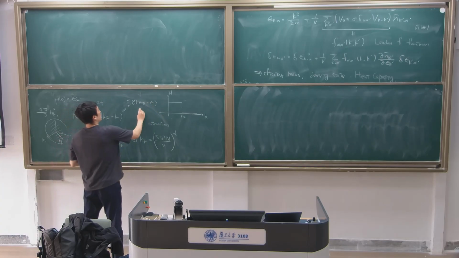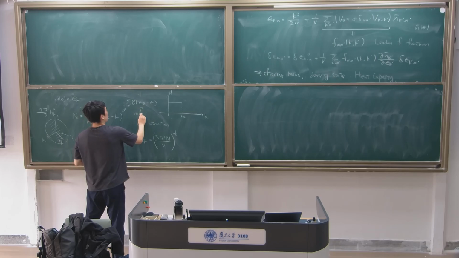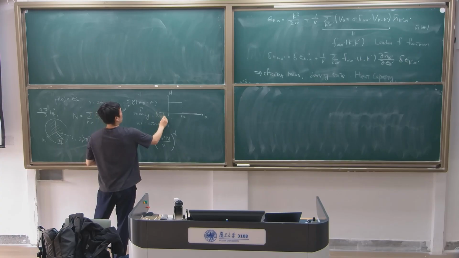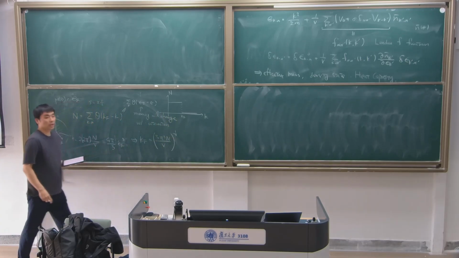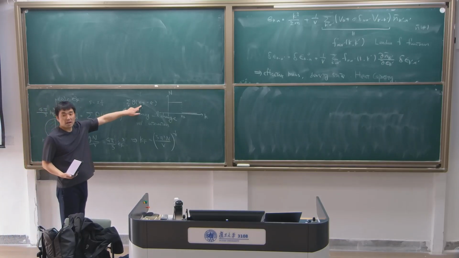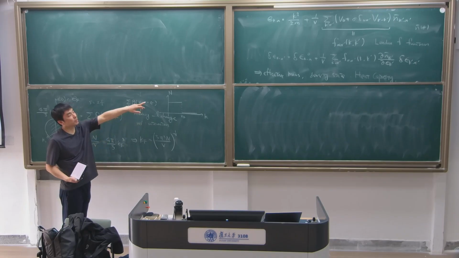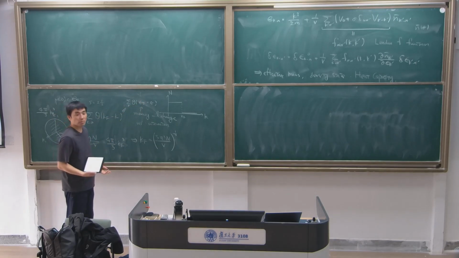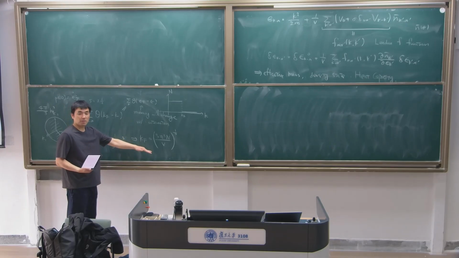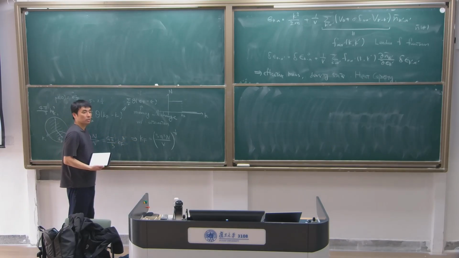But with interaction, the meaning will change. I mean, the value of epsilon f will change because you put the interaction term in the Hamiltonian. But this one is valid with or without interaction.